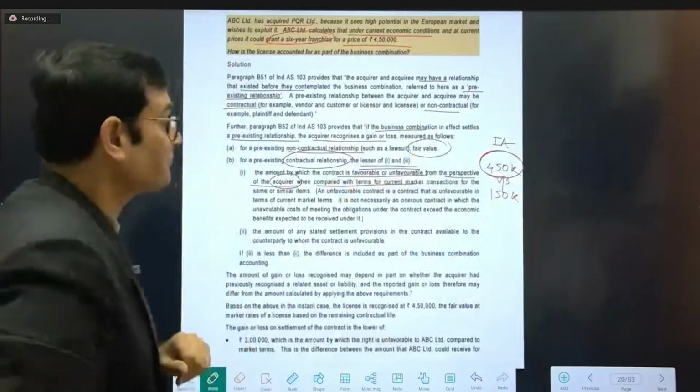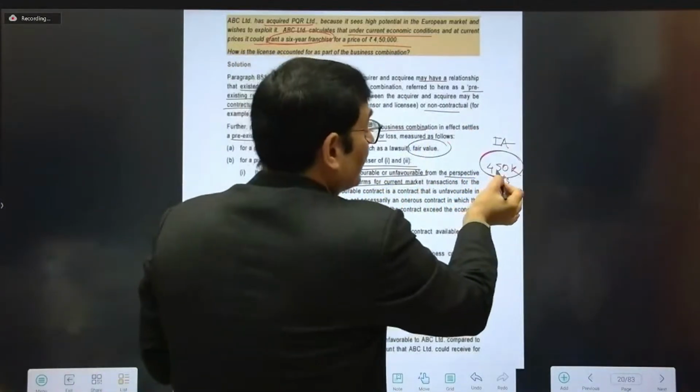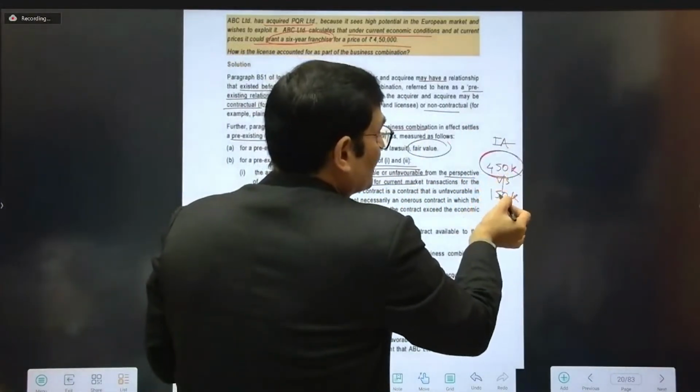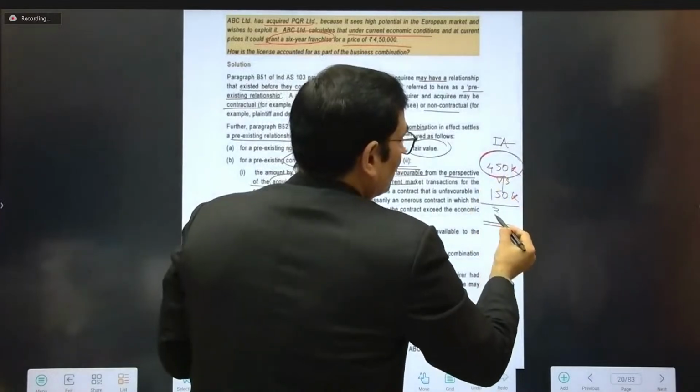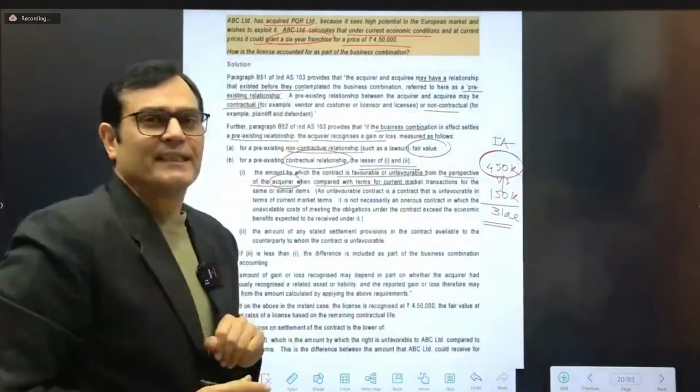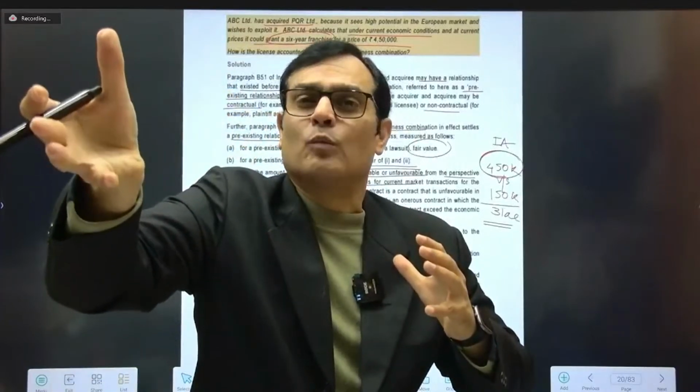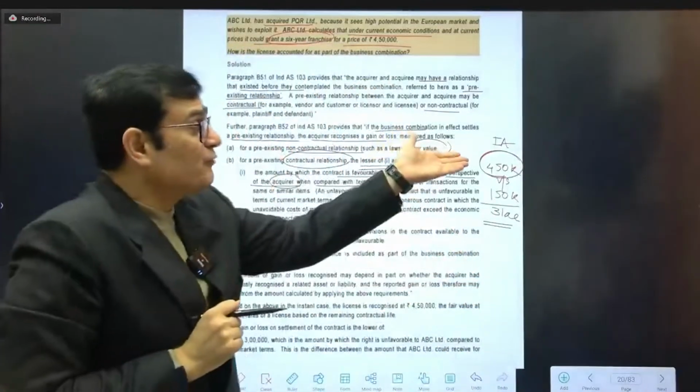Number two, I'm going to compare the fair value of this right versus the book value. And I know it has been unfavorable to the extent of 3 lakh. The right which I gave to the person is worth 150 in his books. I gave it to him at a cheaper value. Today, the same right is worth 450.